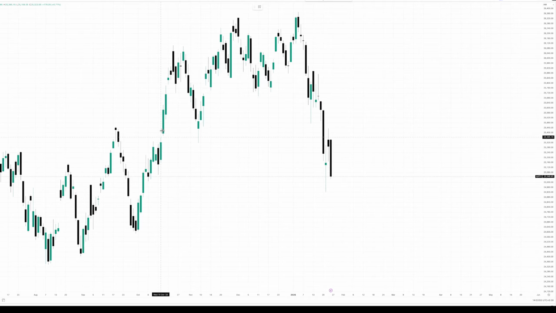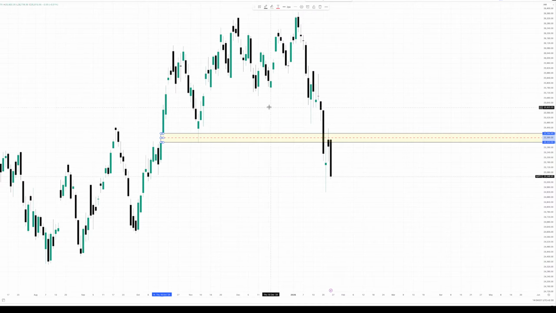You can see straight away here we have volume balance. I'll just name it as daily volume balance. Then we have this huge suspension block from here to here.